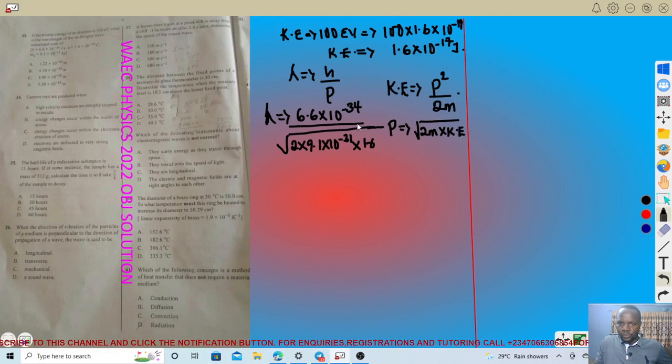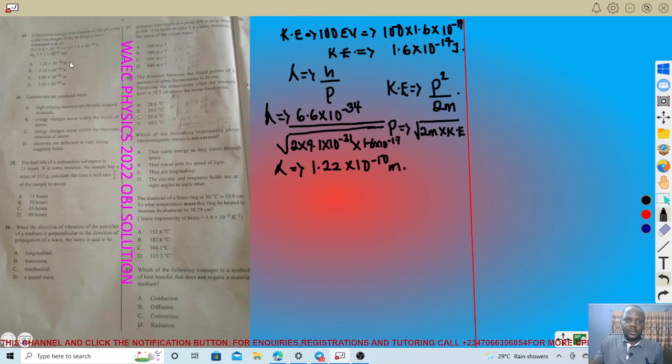Please, everything is under this root. The rest is just to punch my calculator. And if I punch the calculator correctly, I am having 1.22 times 10 raised to power minus 10. So that is the answer to the question.